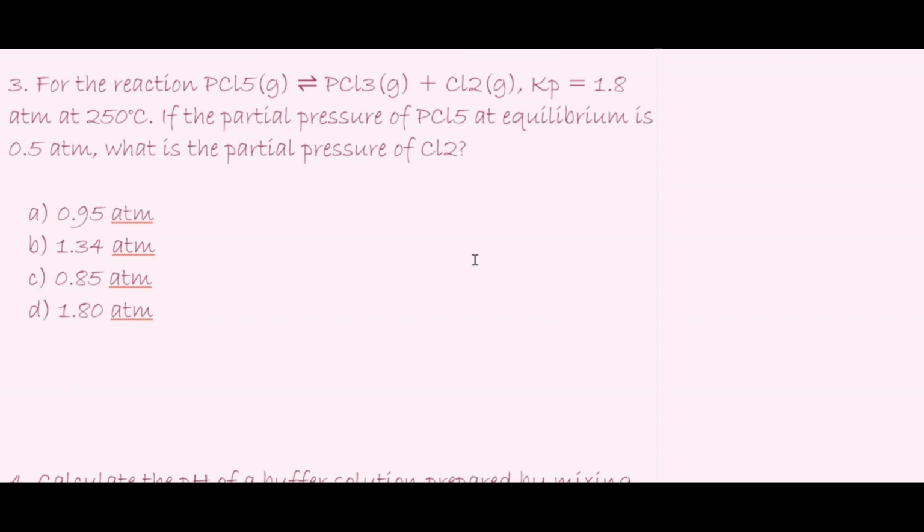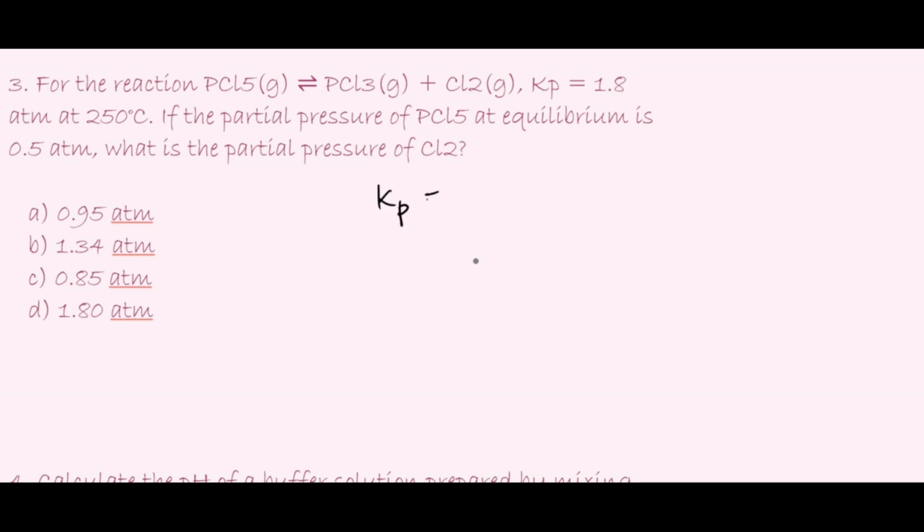The question is asking, for the reaction PCl5 gives PCl3 plus Cl2, Kp is 1.8 atm at 250 degrees Celsius. If the partial pressure of PCl5 at equilibrium is 0.5 atm, what is the partial pressure of Cl2? Okay, so Kp, we didn't talk about Kp while revising the chapter. What is Kp? Nothing but the equilibrium constant in terms of pressure.